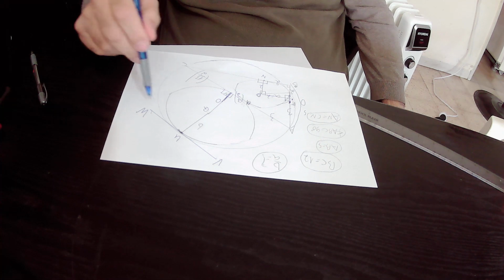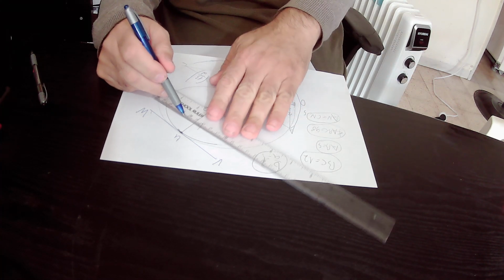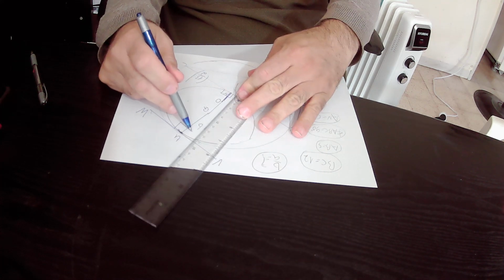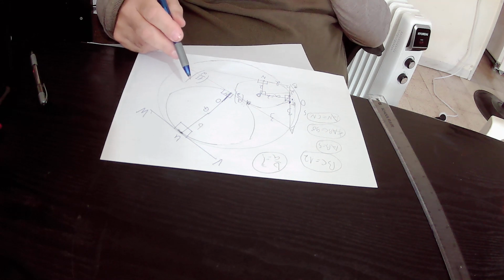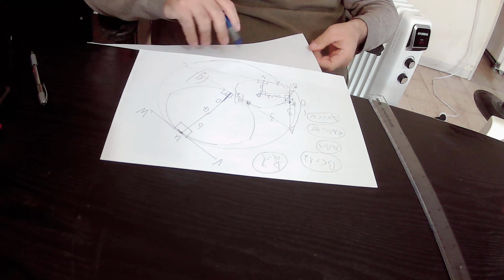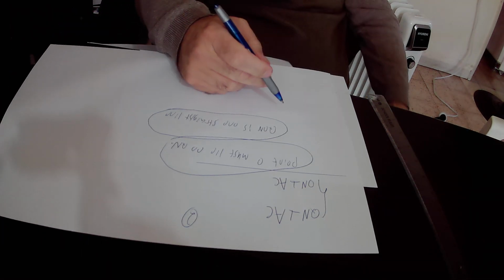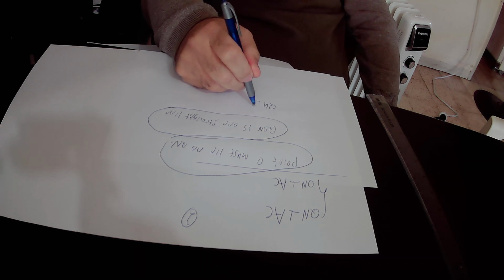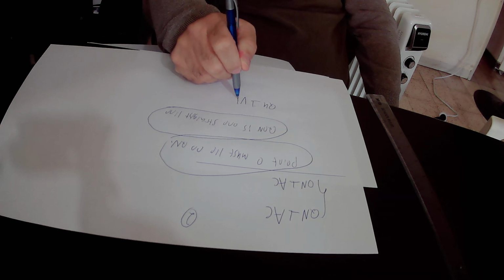If VW is perpendicular to UQ, this angle equals 90 degrees, and this angle equals 90 degrees, according to rule number 1. So we can write down that QU is perpendicular to VW.